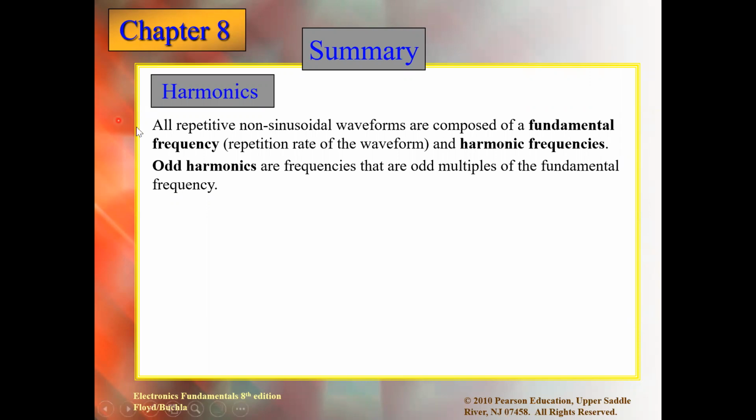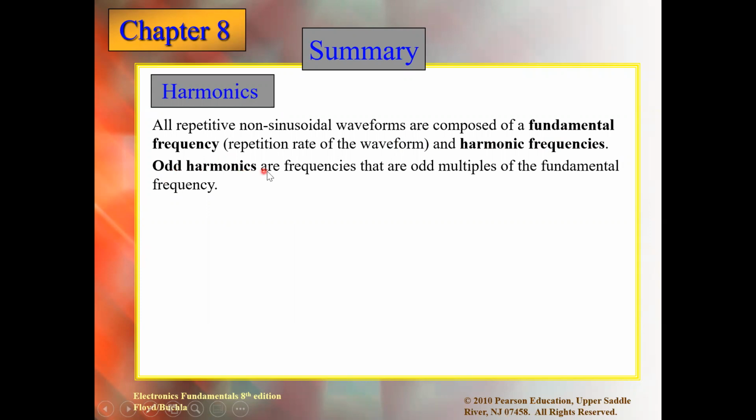All repetitive, yani non-sinusoidal, waveforms are composed of a fundamental frequency, which is the repetition rate of the waveform, and harmonic frequencies. I will give you an example, then you will understand.